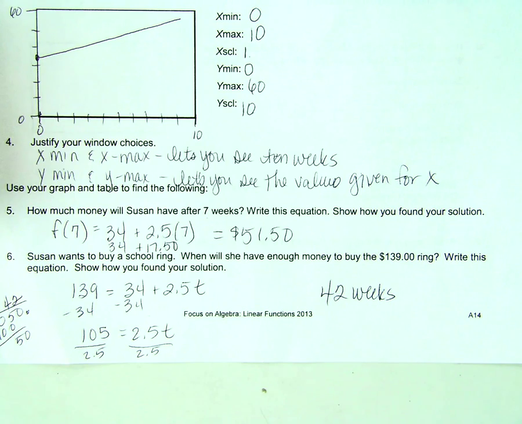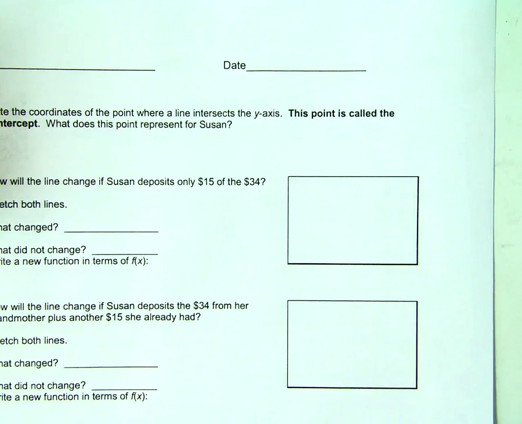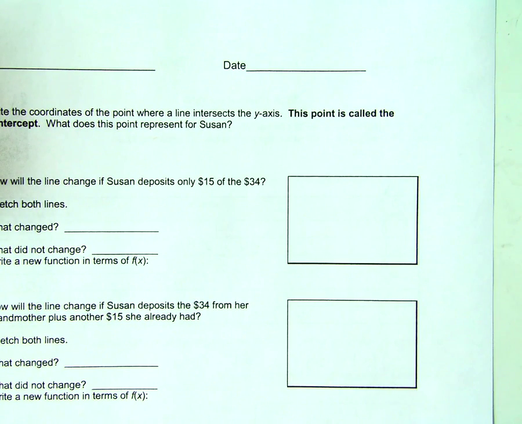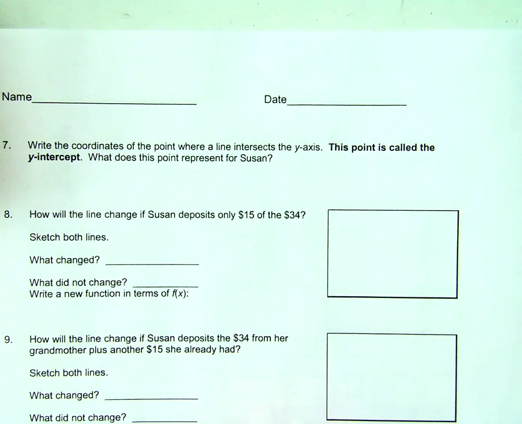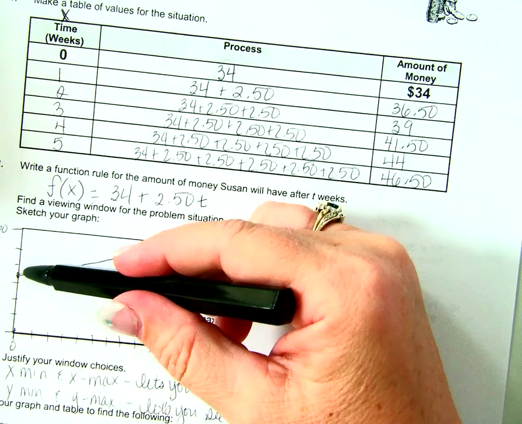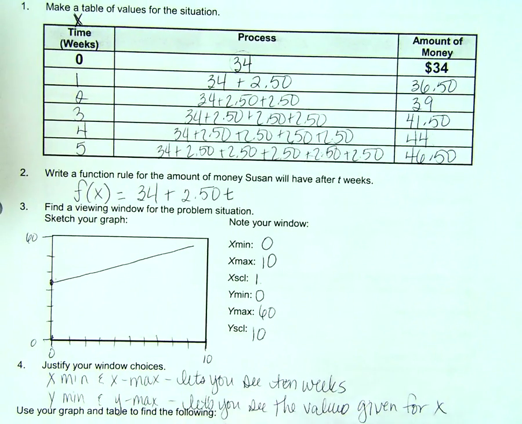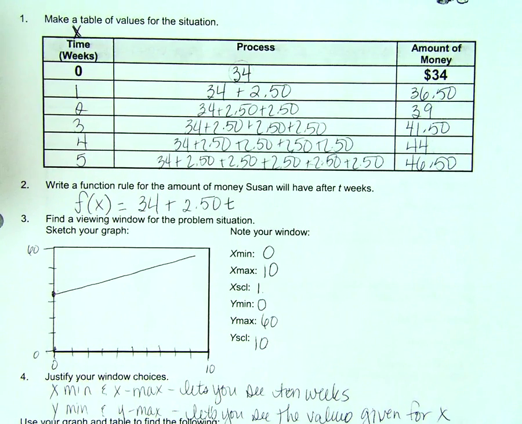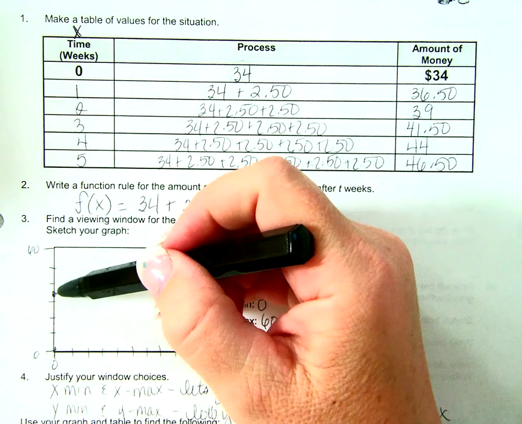Okay, any questions so far? Number 7. Write the coordinates of the point where the line intersects the y-axis. What are the coordinates of that point right there where the line intersects the y-axis? Okay, that's what I was afraid you'd say. I was afraid you'd say 34. What's it asking for?